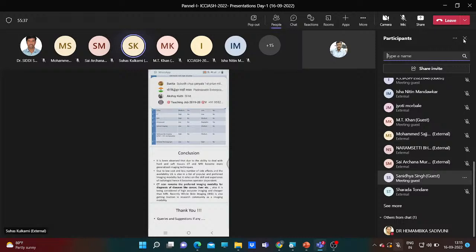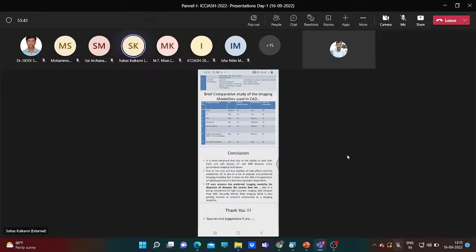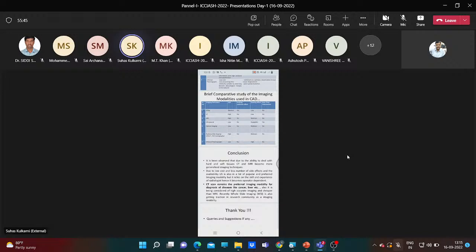But it relies on the skill and experience of radiologists, so it highly depends on the operator. We conclude that CT scan remains the preferred imaging modality for diagnosis of diseases like cancer of the liver, etc. It is also considered highly accurate imaging and cheaper than MRI.